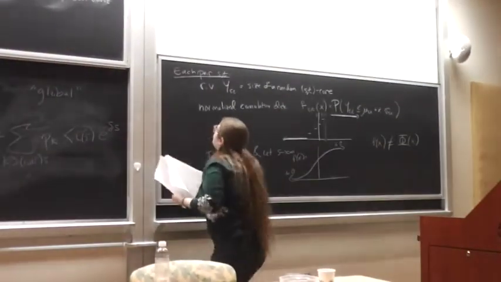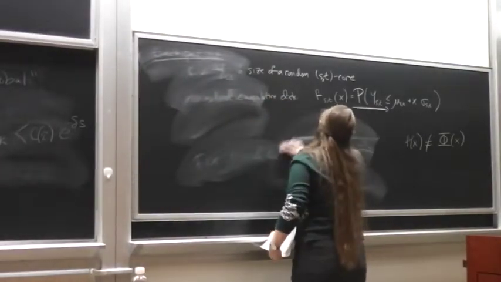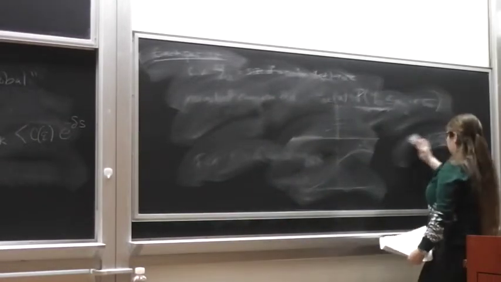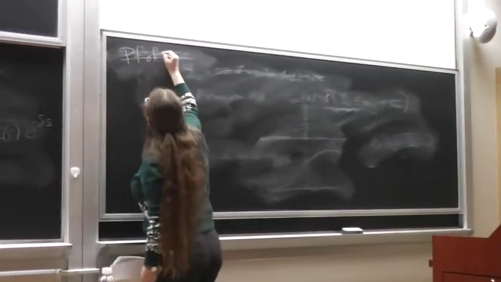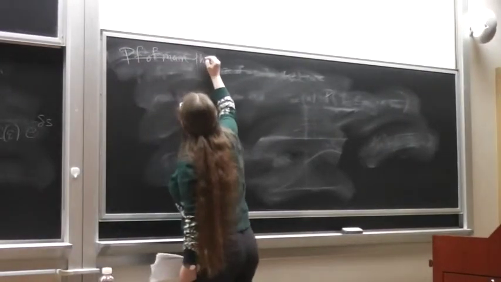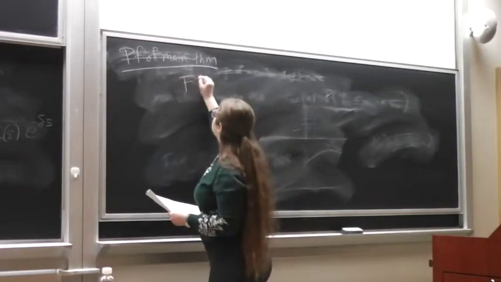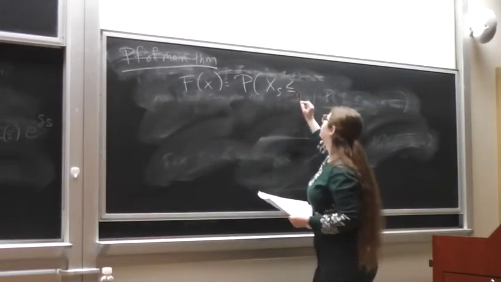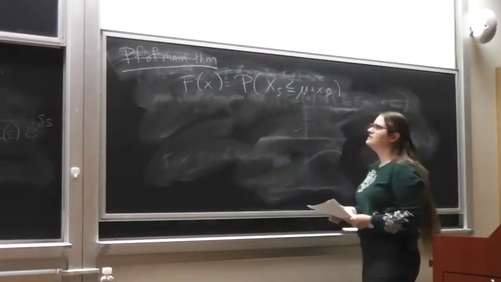So, we have all our tools, we have a basic strategy. Now all we have to do is put them together and prove our theorem. So what we're interested in is this f of x, which is the probability that s is at least x standard deviations above the mean.